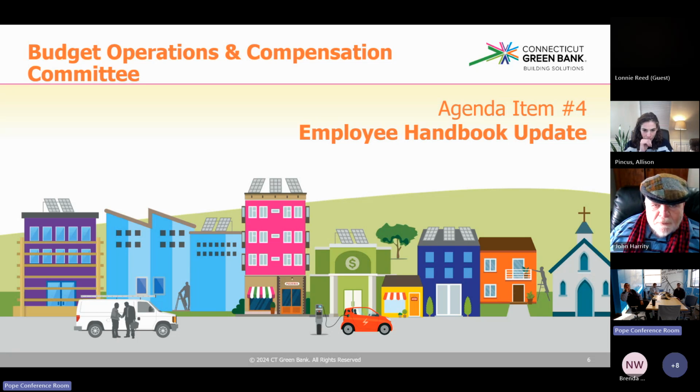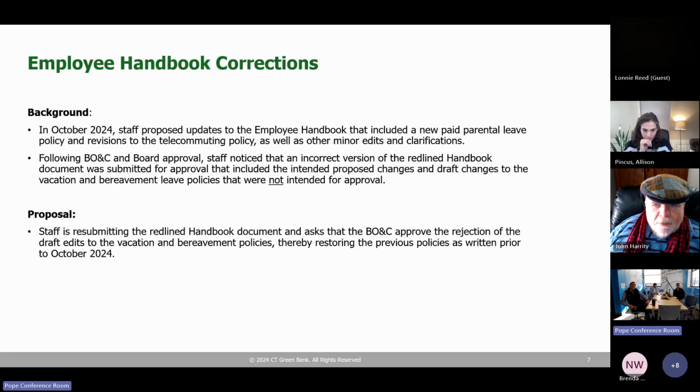You don't mind going on to the next slide, Eric. Hi, everyone. Joe Buonanotte, Associate Director of Operations. So like Eric mentioned, in October, we brought to this committee and then ultimately to the board a revised version of our employee handbook with the 2 main updates being our new paid parental leave policy and revisions to our telecommuting policy, and then a few minor edits and clarifications.